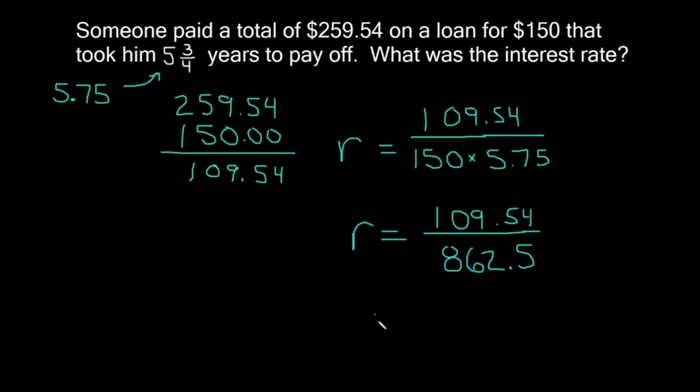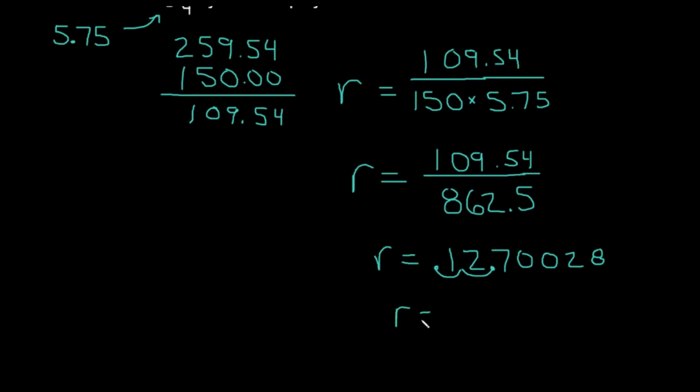And I get an answer of rate equals 0.1270028. Well, this is a decimal. I'm going to bounce it 2 places to get my percent. And by rounding, I can comfortably say that the interest rate on that loan was 12.7%.